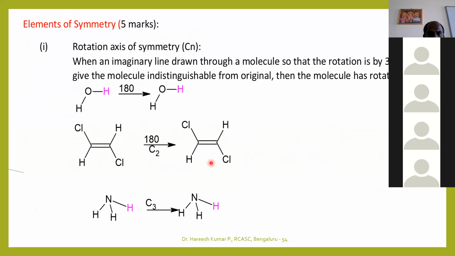Okay, now tell me, so this water molecule and this water molecule, are both the same or different? I mean, are they distinguishable or indistinguishable? Indistinguishable.